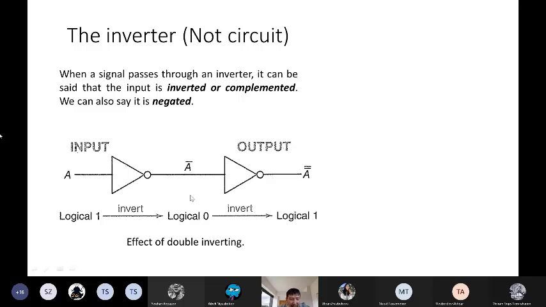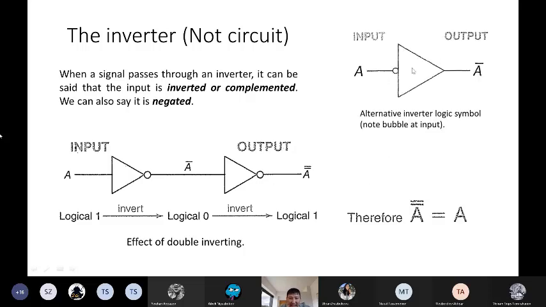Okay, let's consider an interesting circuit where we have two inverters in series. You can see that when we apply logic 1, from the first one we get logic 0, but it goes as an input to the second inverter, and it will give us logic 1. So it means that when our signal goes through two inverters, we get the same signal.